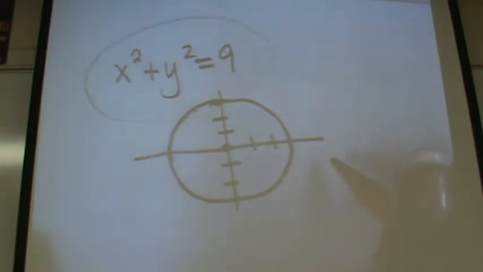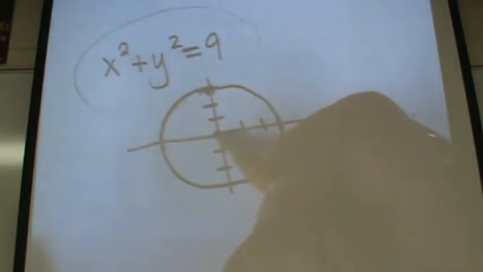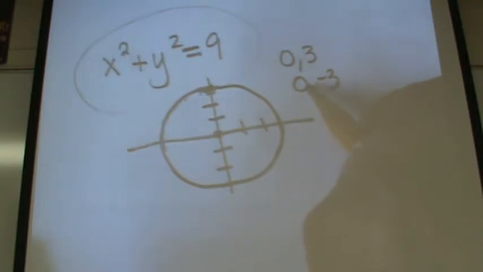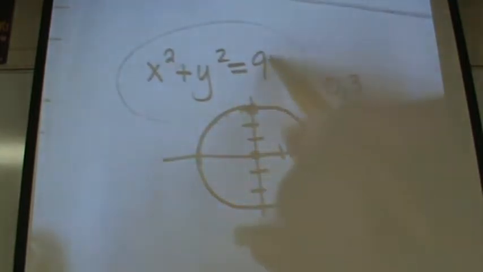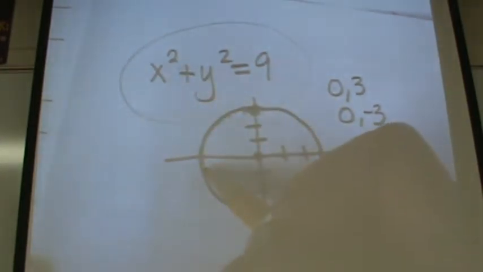Is this a function? No, it is not. Let's use this point right here. We've got 0, 3, and we also have 0, -3. So does this pass that function test? No, you have two zeros for x. So a circle is a relation, but it's not a function.